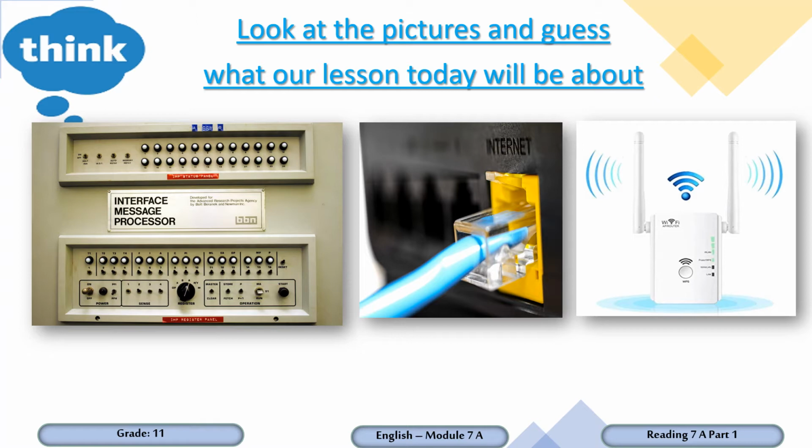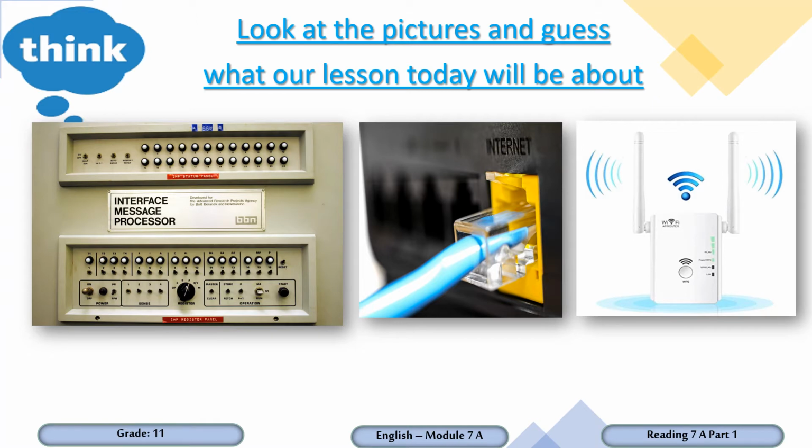The second picture, I think it's familiar for most of us because it's what we call a cable that is connected to the internet source, and we connect the other side into a certain device such as a computer or a laptop.